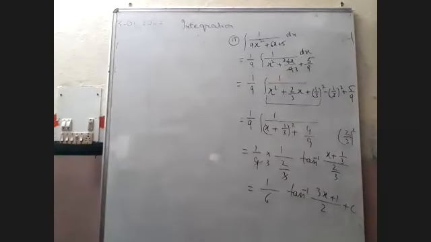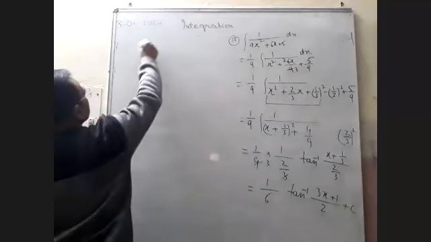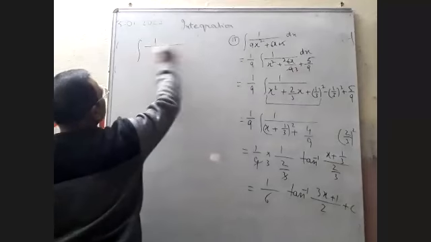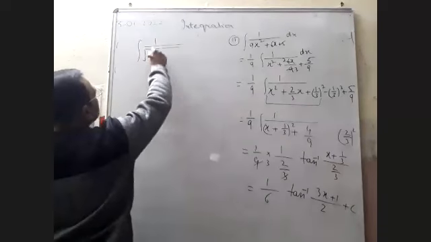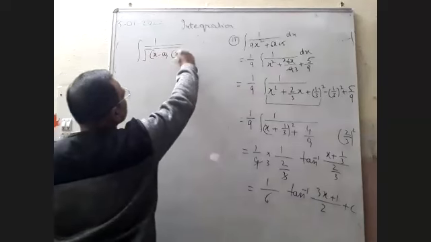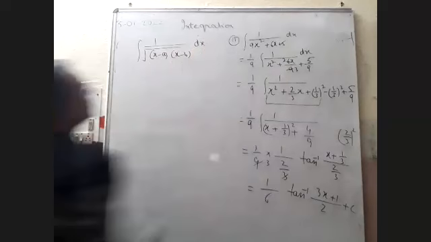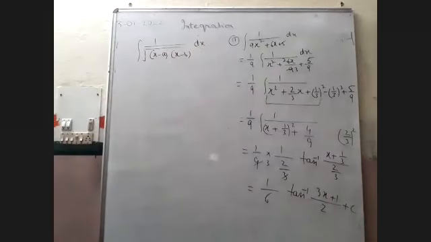Question number 15. First of all, I am solving 1 upon under root x minus a, x minus b. We have to integrate this one. It is similar to question number 13, x minus 1 and x minus 2. You can do this yourself easily.